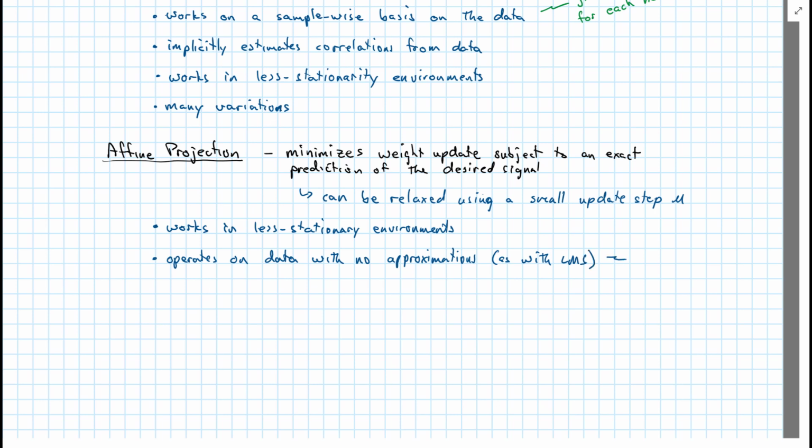Rather, it's minimizing a squared error, or eliminating a squared prediction error. This one also requires that we have d[n].